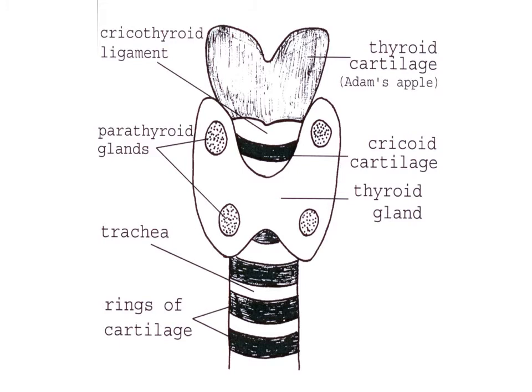And the trachea at this point is remarkably superficial. So a tracheostomy tube can be passed into the top of the trachea, giving us an airway to maintain an airway in certain emergency situations.